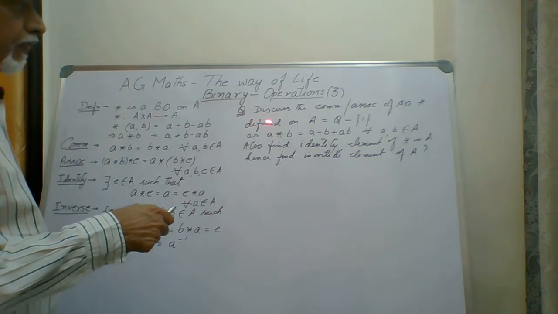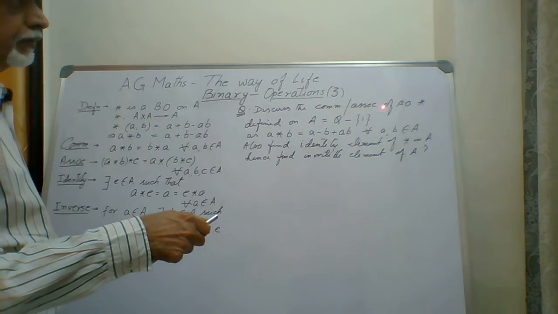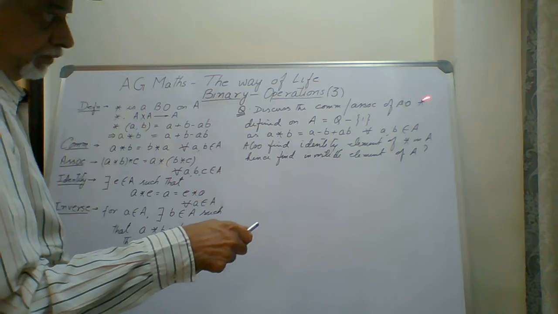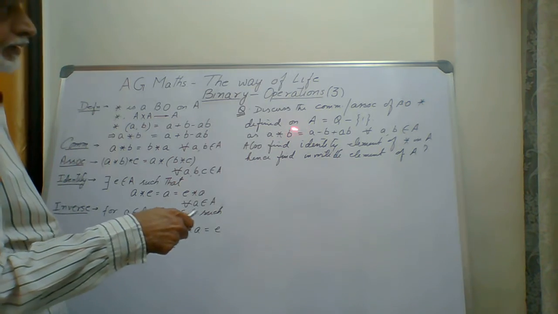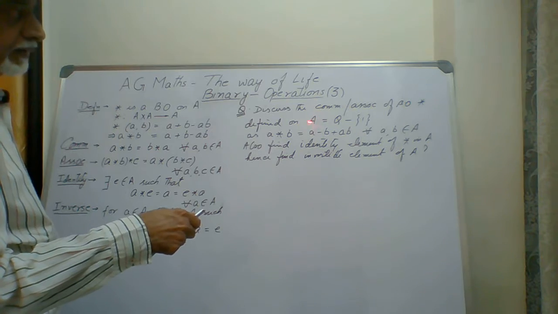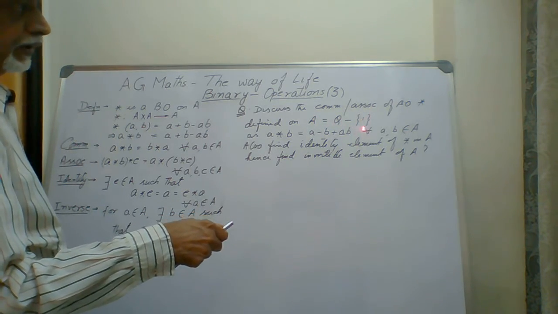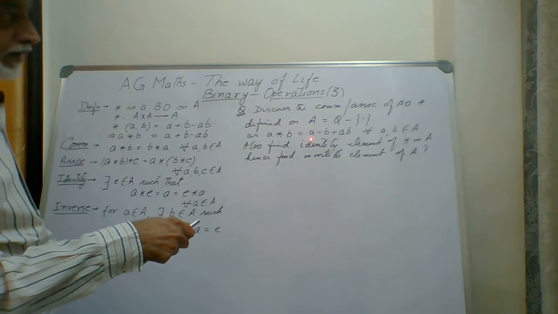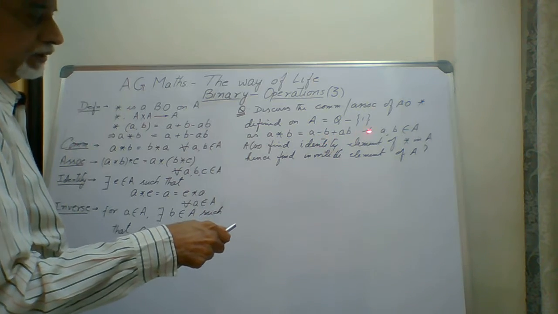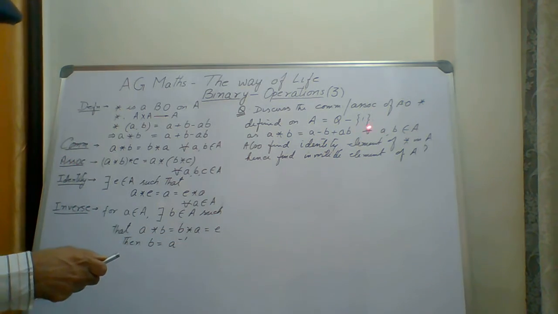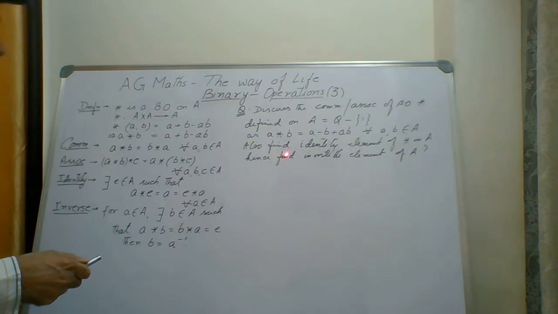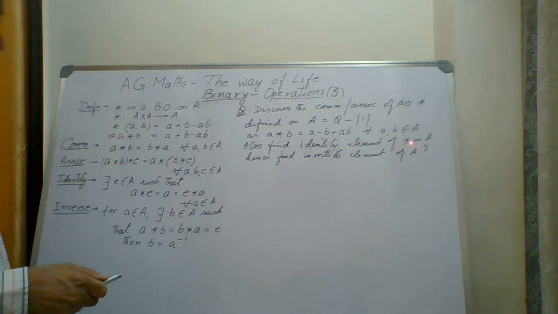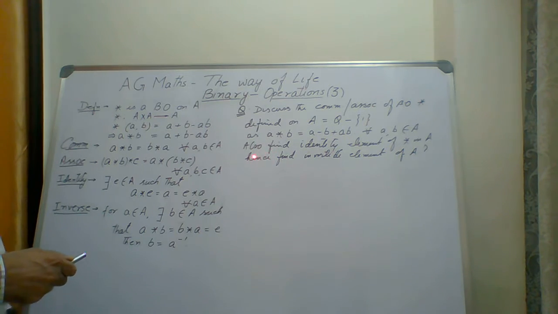We have to discuss the commutative and associative properties of the binary operation represented by an asterisk defined on the set A, which is Q minus 1, that means all rational numbers except 1, as A binary B is given as A minus B plus AB for all A and B belonging to A. We also have to find the identity element of the binary operation in A, and after finding the identity element we have to find the invertible element of A. Right? This is the problem.